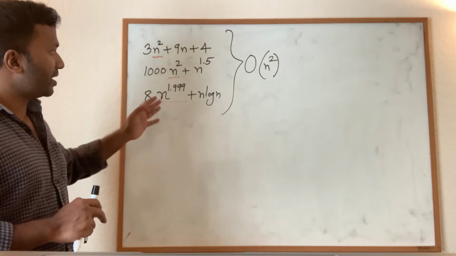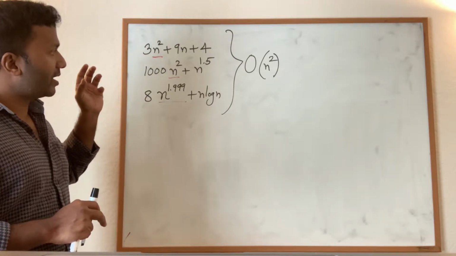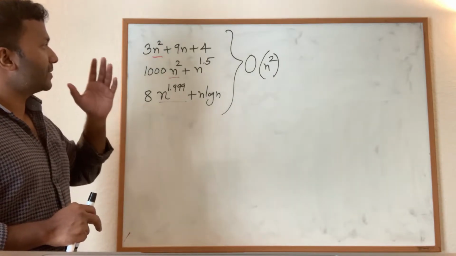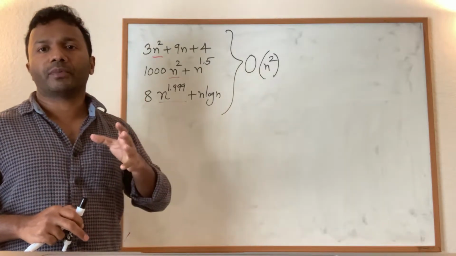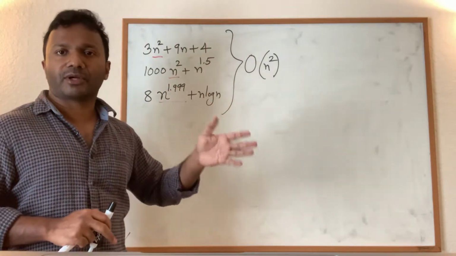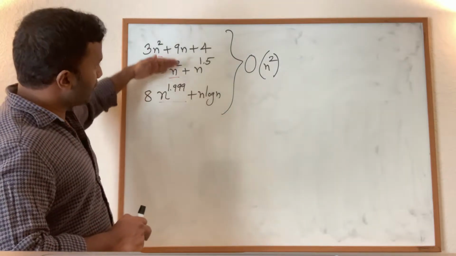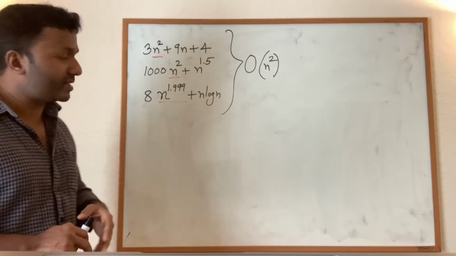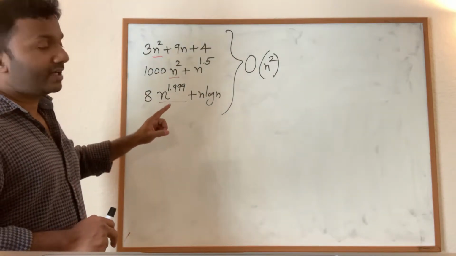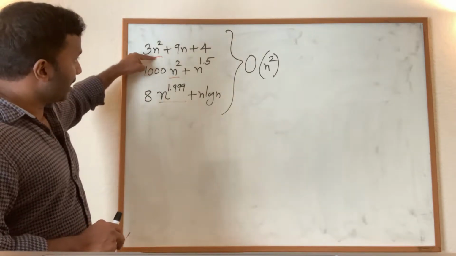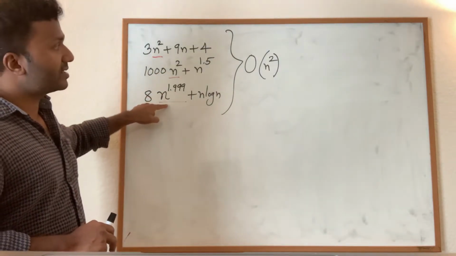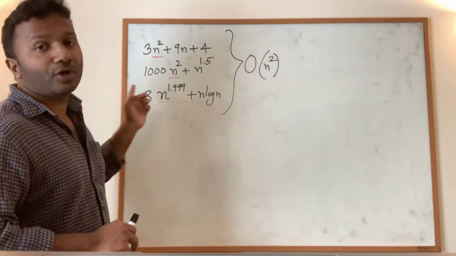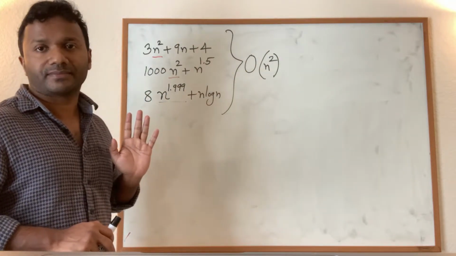So can we take a clue from here and give a proper definition of big O? Big O of n square specifically means the set of all functions. There can be infinitely many functions such that their dominating term is either n square or it is dominated by n square.